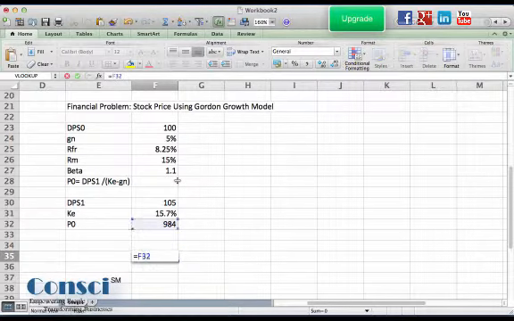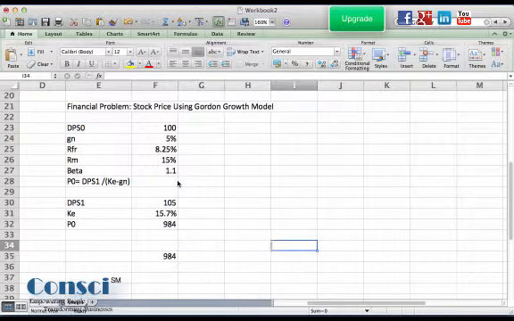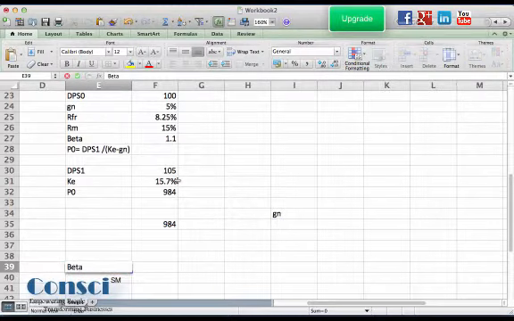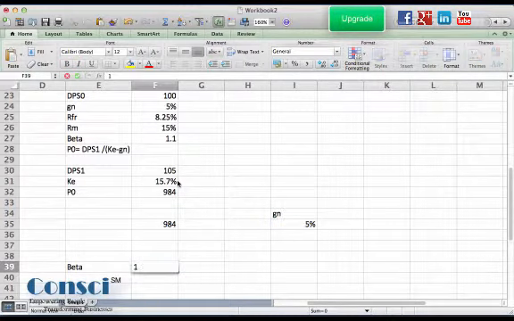So we now want to see the sensitivity of P0 vis-a-vis two parameters. One of the parameters that I am assuming is Gn, and the other parameter is beta. In Gn, my basic value is 5%, and my beta value is 1.1.